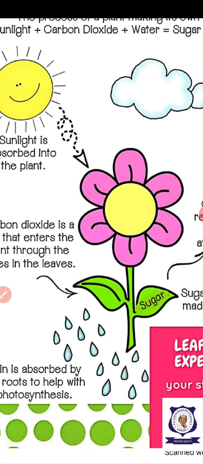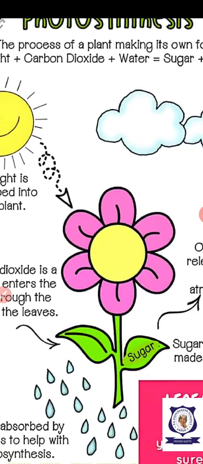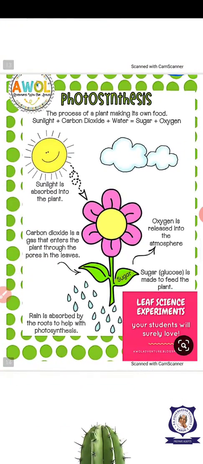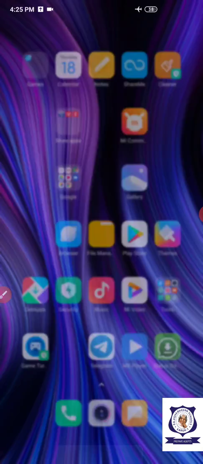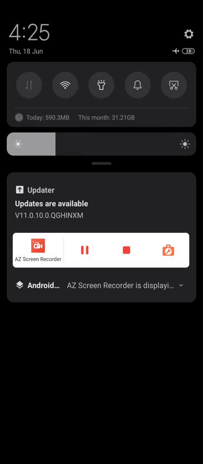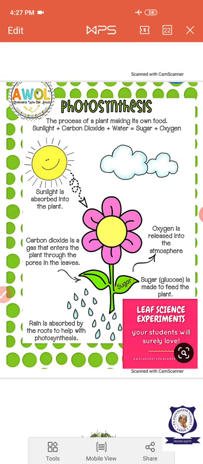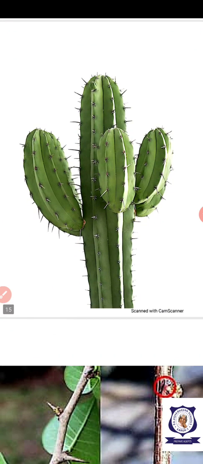Mainly the leaf prepares the starch, but the tender stems are also having chlorophyll. So the stems are doing photosynthesis since they are having the chlorophyll.